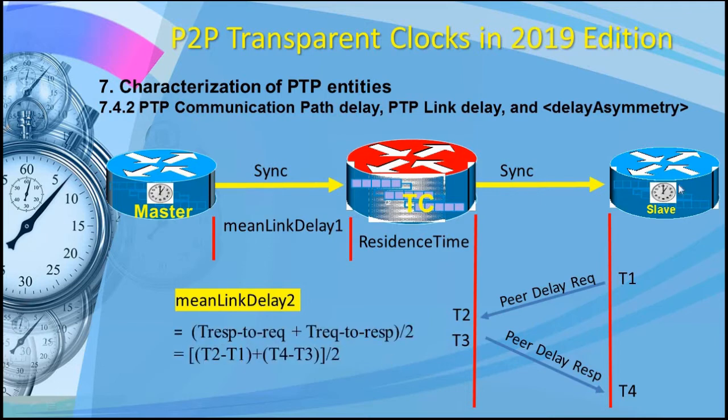At T4, the slave side receives the peer delay response. With a similar formula, the slave calculates the mean link delay between slave and transparent clock: T2 minus T1 plus T4 minus T3, divided by 2. That is the same calculation. So this is mean link delay number 2, calculated from the four different timestamps.